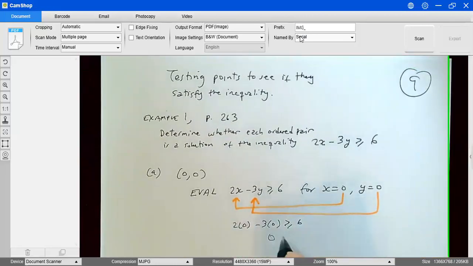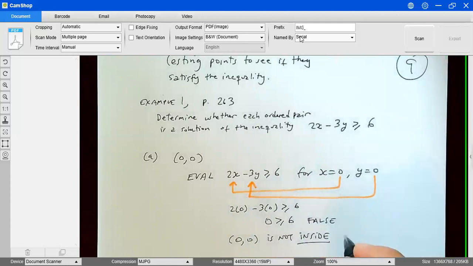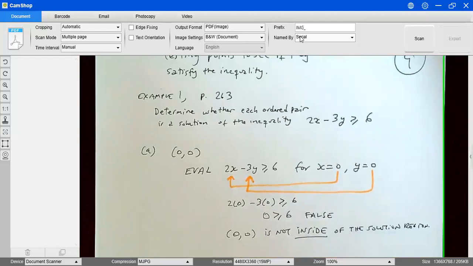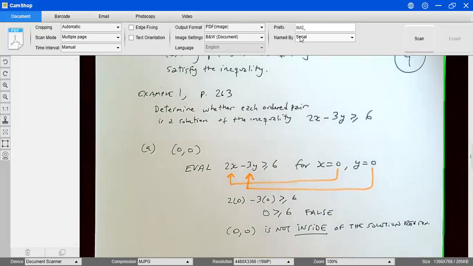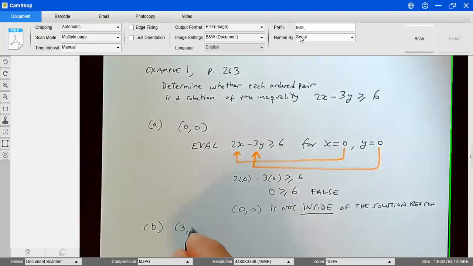So this is 0 greater than or equal to 6. Is 0 greater than 6? No. So this is false. That means that 0, 0 is not inside of the solution region. So it's not a solution, because now we have an entire region to explore.